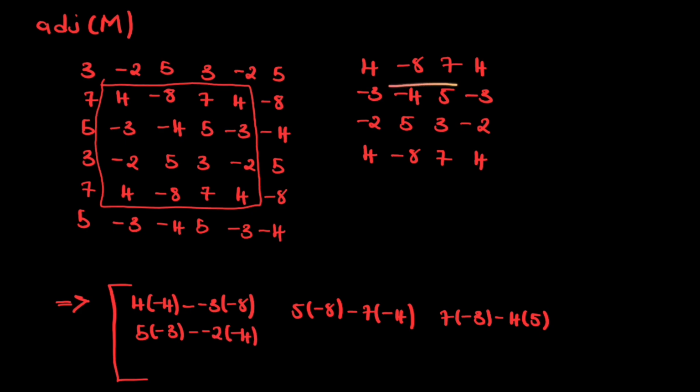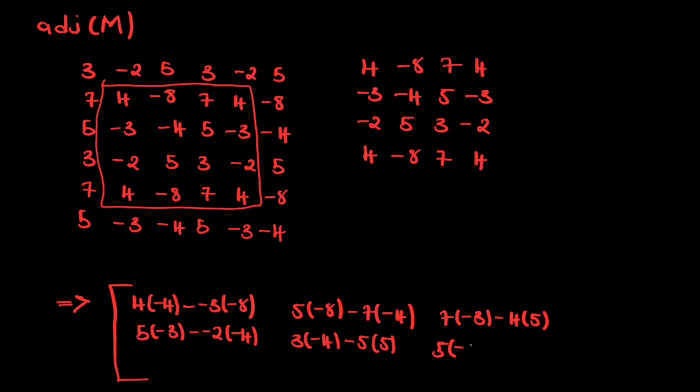We take the next: 3 times minus 4 minus 5 times 5. Now the next 2 by 2 matrix: 5 times minus 2 minus 3 times minus 3.